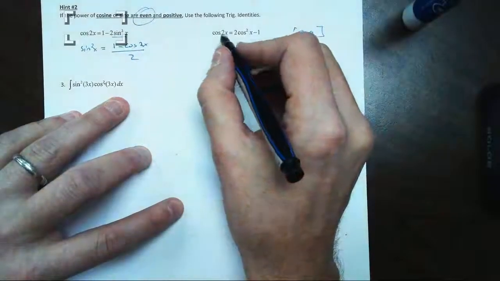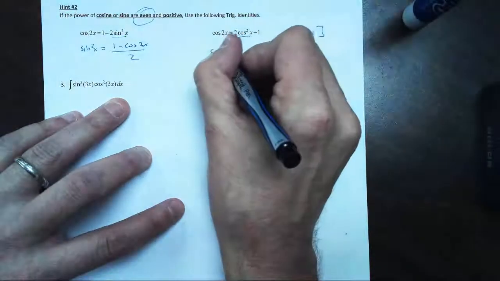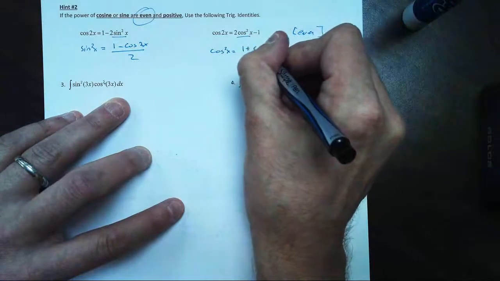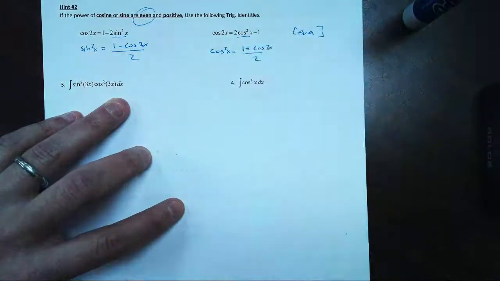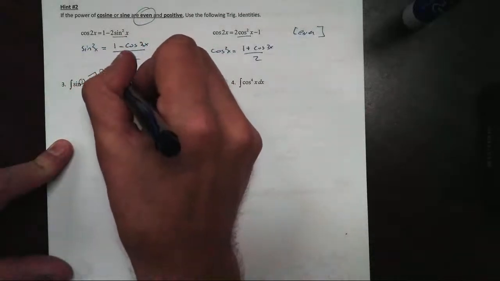And over here, same thing. I know the antiderivative of cosine of 2x, but not cosine squared of x. But I can solve for the cosine squared of x, and that's going to give me 1 plus cosine of 2x over 2. So when I come down to a problem like number 3, and I want to integrate this, I notice that they both have a power of 2. The power is even.